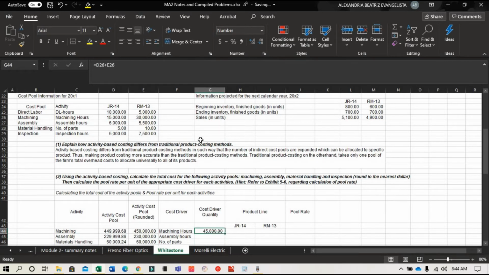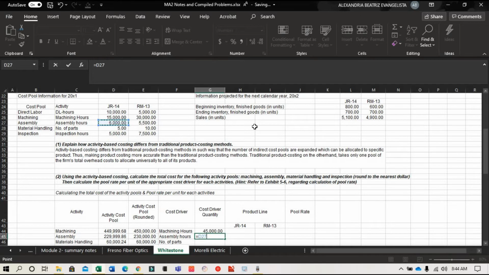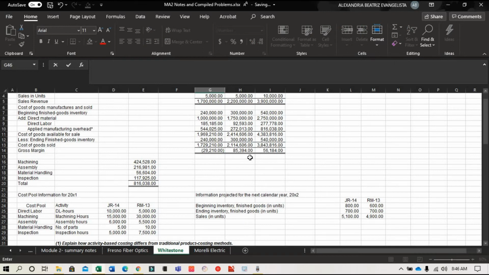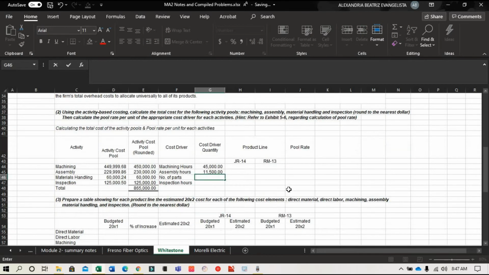For assembly, that is 6,000 for JR14 and 5,500 for RM13, which would give us a total of 11,500 assembly hours.